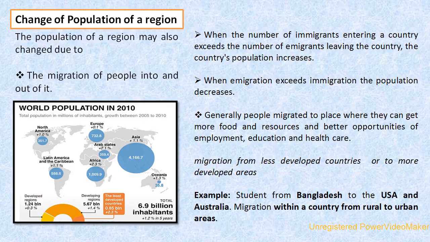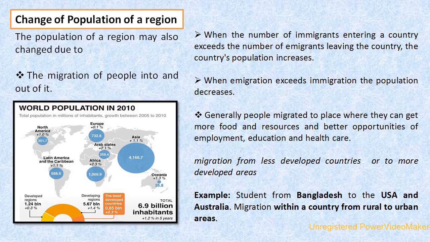Another thing, you can even find the difference between villages and cities. In cities we have good hospitals, schools, factories and so on. In villages all these things are very difficult to find. So people from villages, that means rural areas, are shifting to urban areas. All these factors affect the change of population of a particular region.